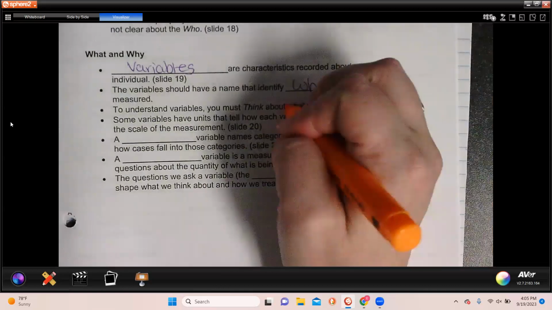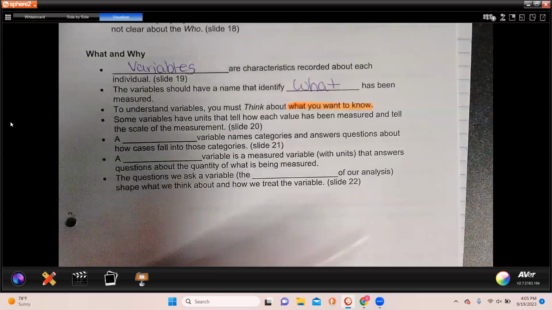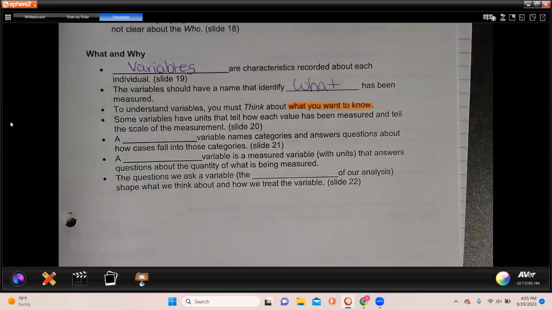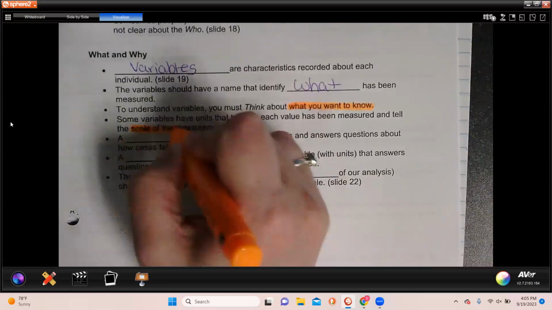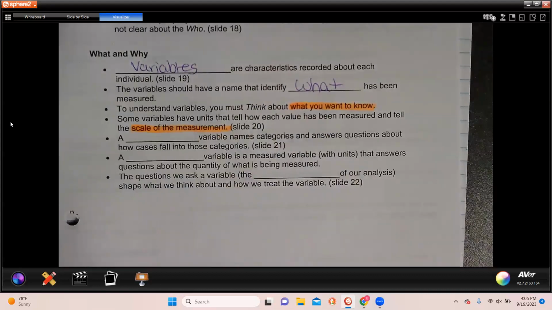That is completely context-based, and you're going to have to read very carefully in these questions. Some variables have units that tell how each value has been measured and tell the scale of the measurement. This can be really important, especially if the scale changes from one sentence to the next. That usually means somebody's trying to trick you.